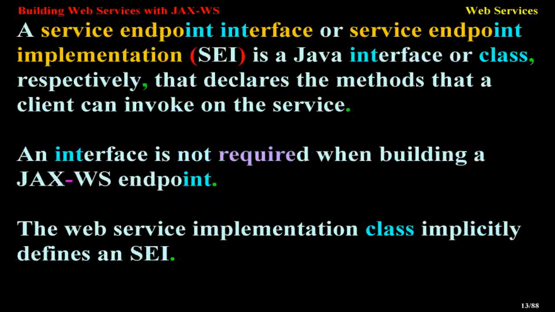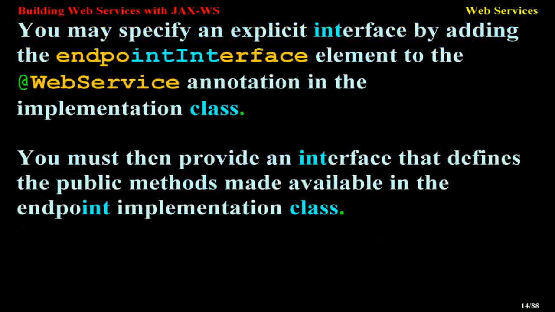An interface is not required when building a JAX-WS endpoint. The web service implementation class implicitly defines an SEI. You may specify an explicit interface by adding the endpointInterface element to the WebService annotation in the implementation class. You must then provide an interface that defines the public methods made available in the endpoint implementation class.